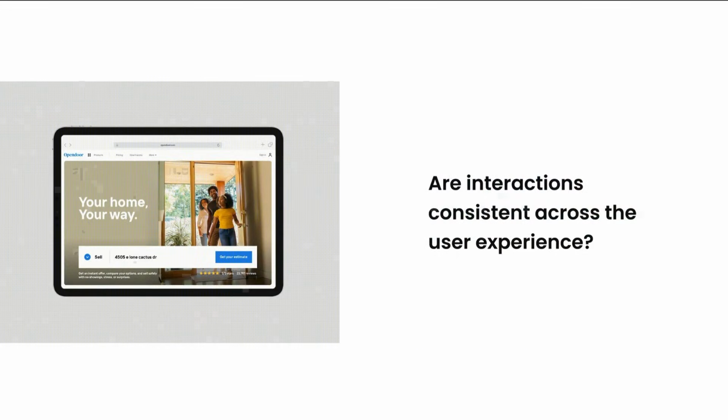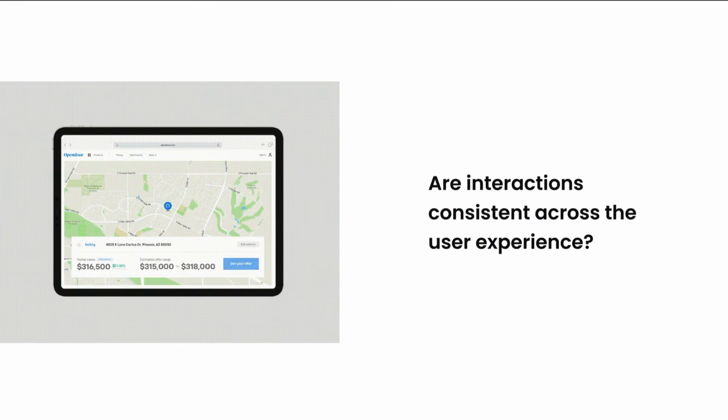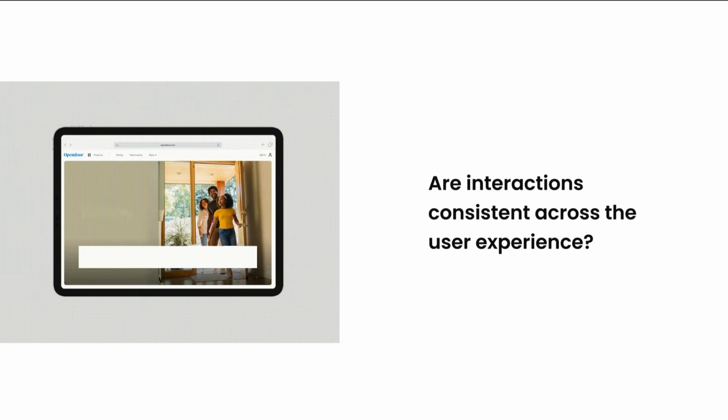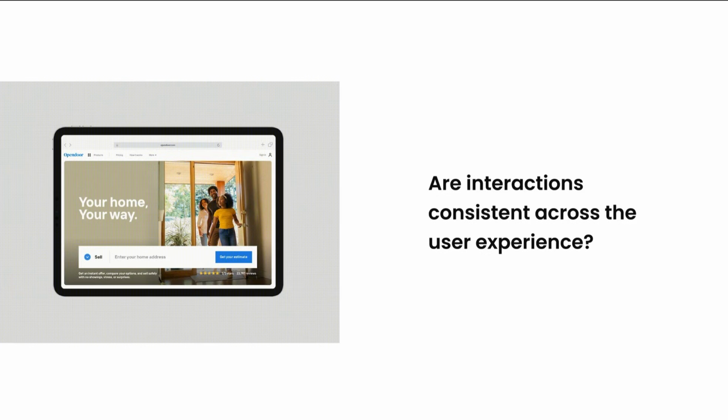Are interactions consistent across the user experience? Here I'm thinking about a couple of things: user flow and the general consistency of the UX. Intracontinuity, which is the continuity within a scene, and intercontinuity, the continuity within a series of scenes that make up the total user experience.